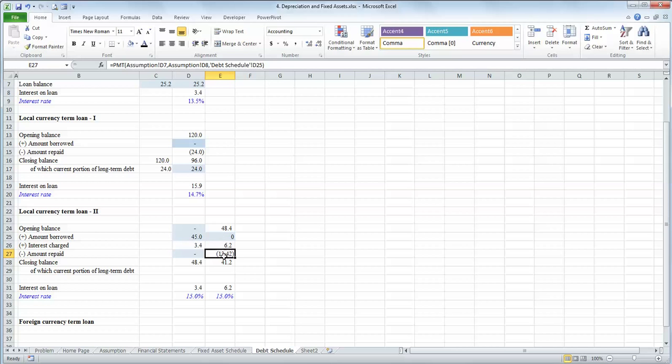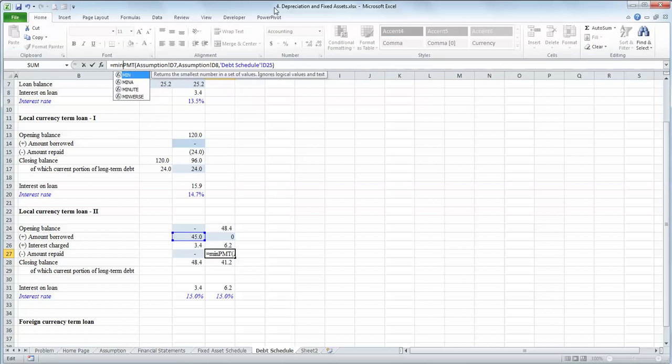So to overcome that, the amount repayable by the company is the minimum of the amount that needs to be paid by the company, comma, the sum of opening balance plus borrowal plus interest, because if the three is less than the amount actually owed by the company, it's enough if the company pays the net of opening balance and interest.